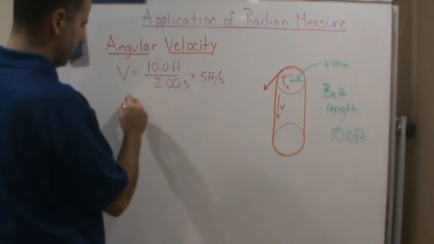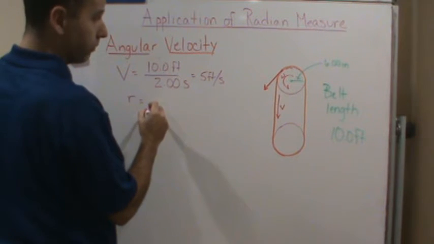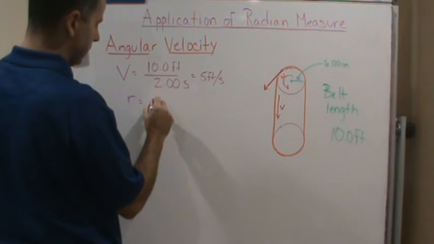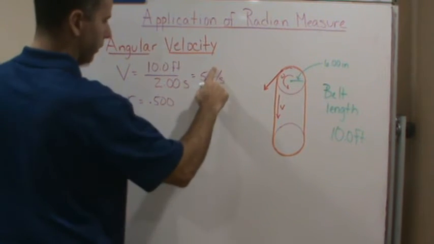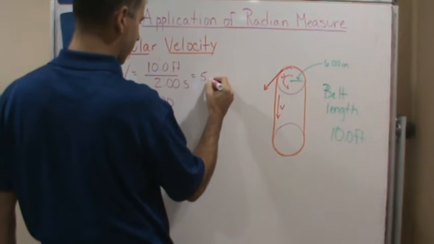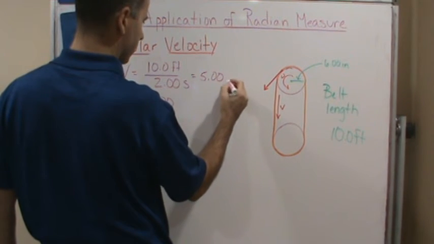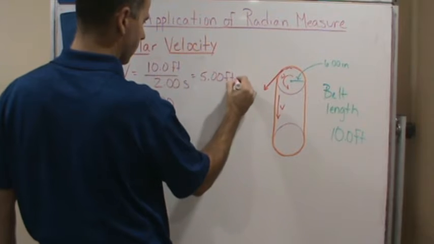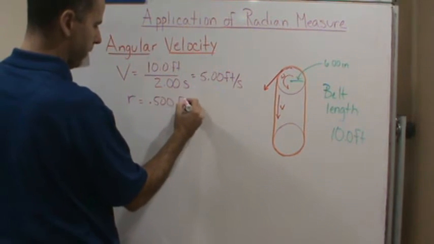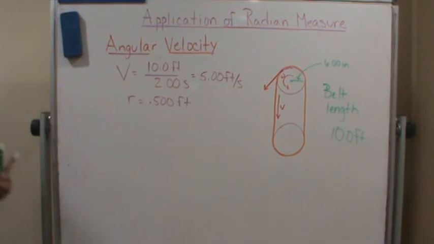So the radius R of the pulley is 6 inches, but let's write that as 0.500 feet, just to keep the significant digits the same. Okay, so I'm just converting it to feet to keep the units matching.